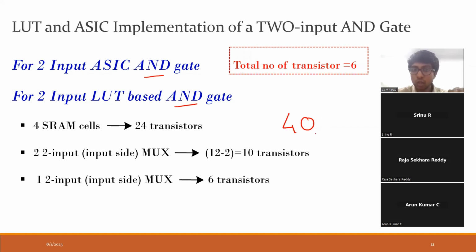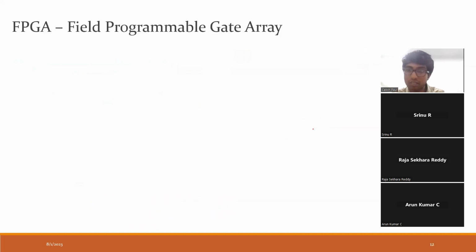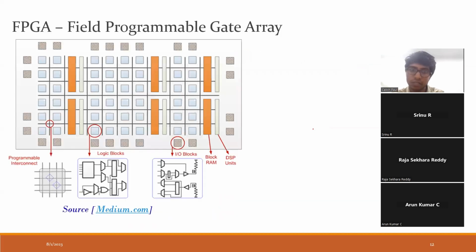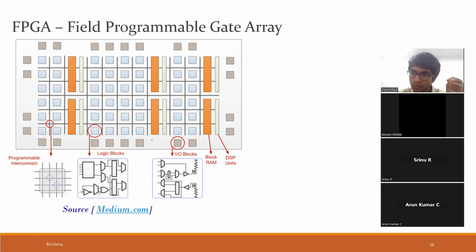So this lookup table is what actually is a field programmable gate array. It is basically a lookup table. These logic blocks are actual lookup tables. Sir, what exactly does lookup table mean? Okay, let me go.